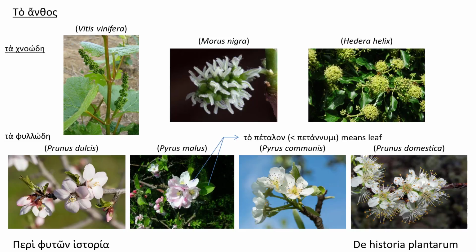This means, by the way, that Shakespeare did not have the word petal. Petalum is the Latinization of the Greek word to petalon, cognate with petanumi. Petanumi means to spread out, to flatten, and in classical Greek, petalon meant both a leaf on plants, usually as ta petala in the plural, and a leaf of metal.